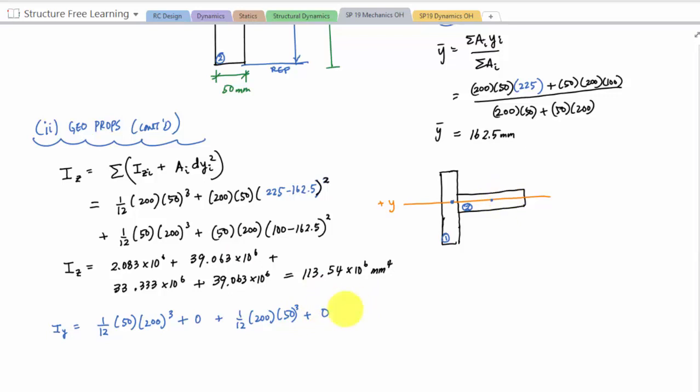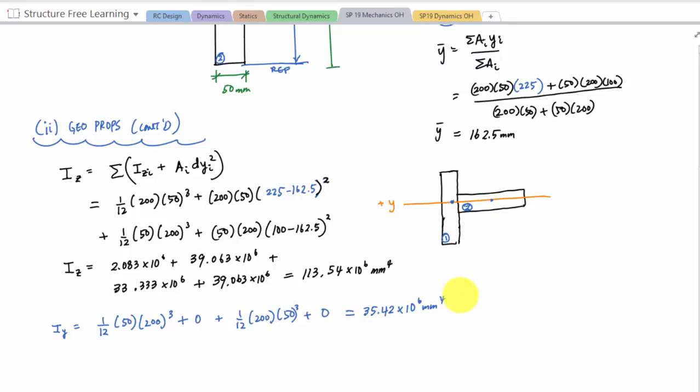Okay. And actually we already calculated this. It would be 2.083 plus 33.333. Let's see. 35.42 times 10 to the 6 millimeters to the 4th.